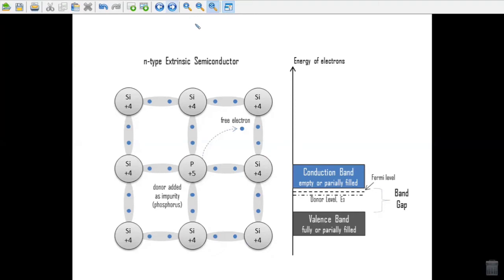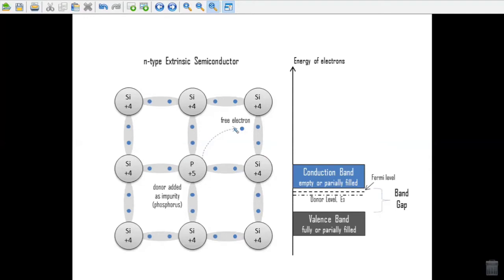When intrinsic silicon is doped, it is a process of homogeneous mixing of a small quantity of known impurity into the host material with one of the group 5 elements such as arsenic. Then each arsenic atom is found to occupy an atomic site normally occupied by a silicon atom, as shown in this figure.